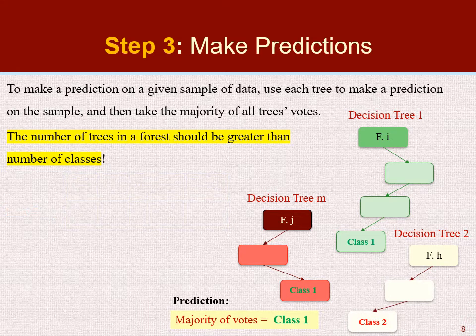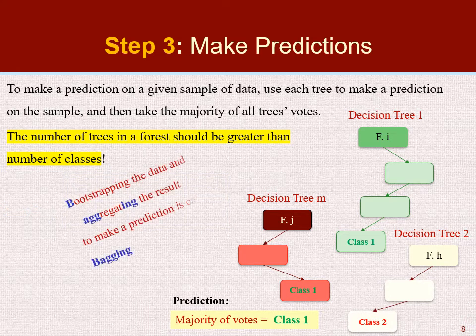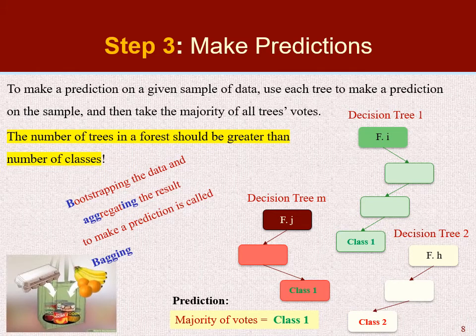This is called bagging. So bootstrapping the data and aggregating the result to make a prediction is called bagging. So using a random forest is an example of bagging. If you remember, in our previous lectures, we mentioned one of the methods to overcome overfitting is bagging. Random forest is an example of bagging, which helps to overcome the problem of overfitting that a single tree would have.